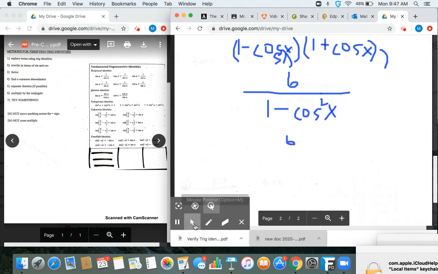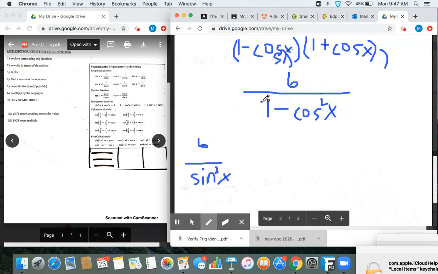All right, this identity right here. You know what, move this over a little bit, give myself some more room. This would be 6 over sine squared x, right? Where did I get the sine? Well, again, using the Pythagorean identity, this right here is equal to sine squared x. Okay, we still don't have cosecant, but again, very similar. We just use the reciprocal identity.